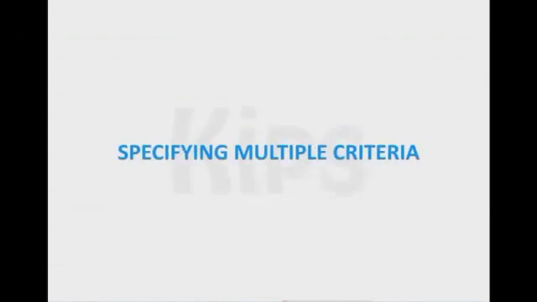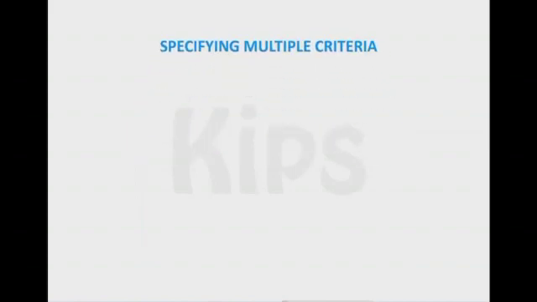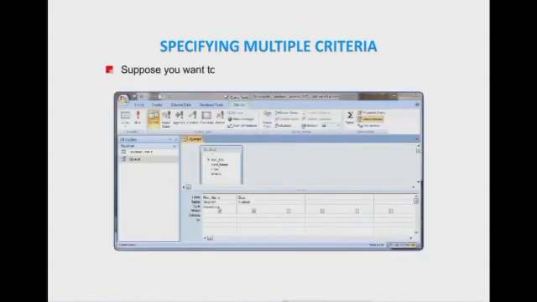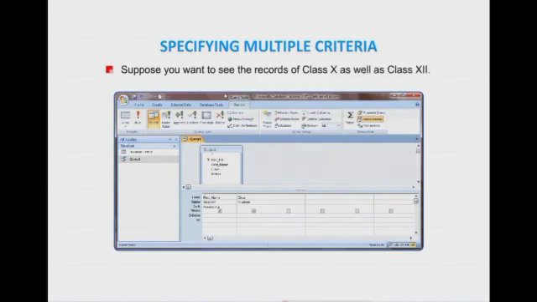Specifying the multiple criteria. To specify multiple criteria in a query, follow these steps. Suppose you want to see the records of class 10th as well as class 12th.